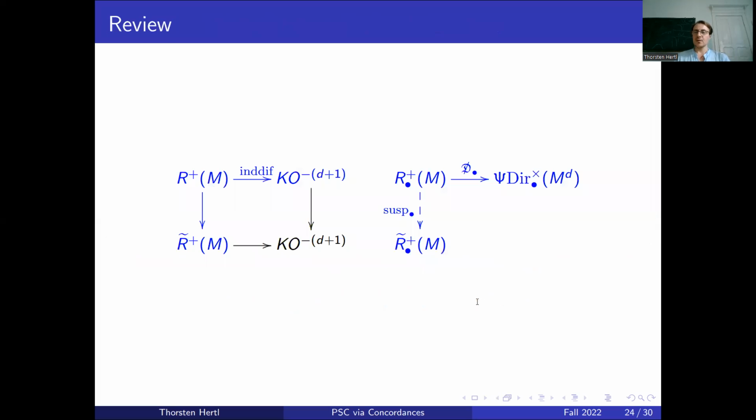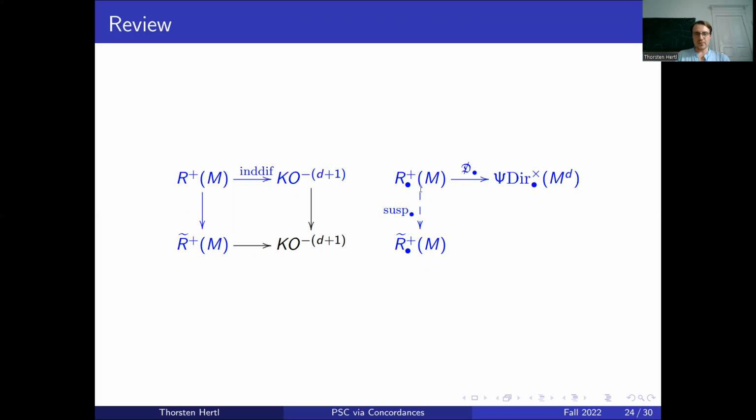So let me summarize our achievements from the previous video and this one. We have constructed the approximation space for the space of PSC metrics, which is the geometric realization of the cubical set of all PSC block metrics. And we have related it to the combinatorial version of the space of PSC metrics via the suspension map.